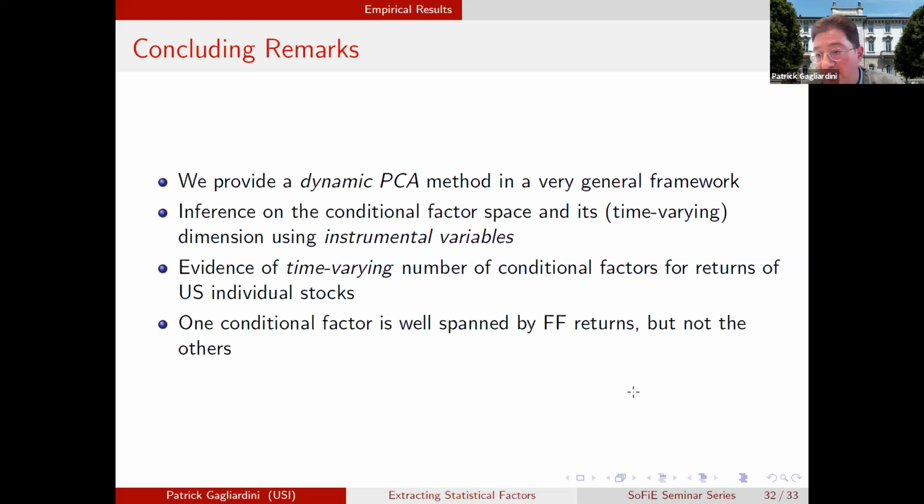We do find some evidence that there is a time variation in the importance of the factors in this latent space. We find one dominant factor and maybe 3 or 4 factors necessary to exhaust the pervasive latent space.